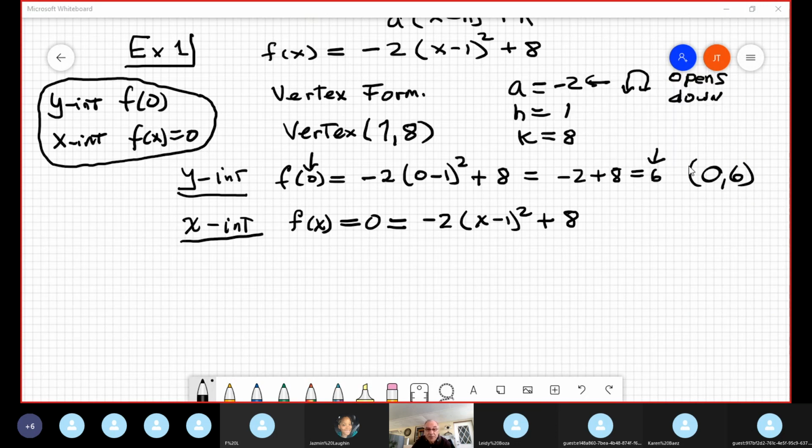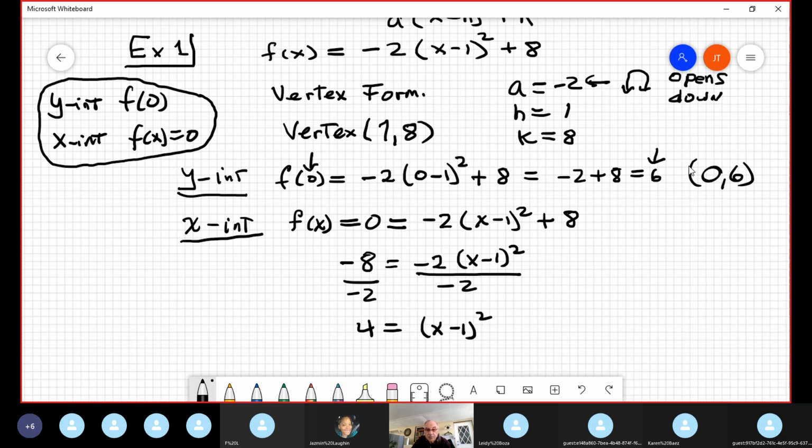It's easy. I move 8 to the other side. So minus 8 is equal to minus 2 times (x minus 1) squared, divided by negative 2 on both sides. Therefore, 4 is (x minus 1) squared, and apply the square root to both sides.